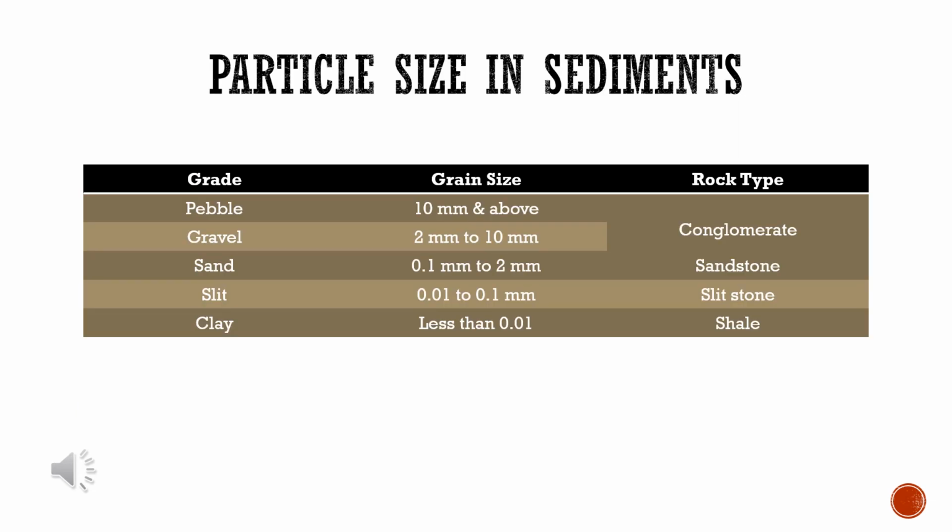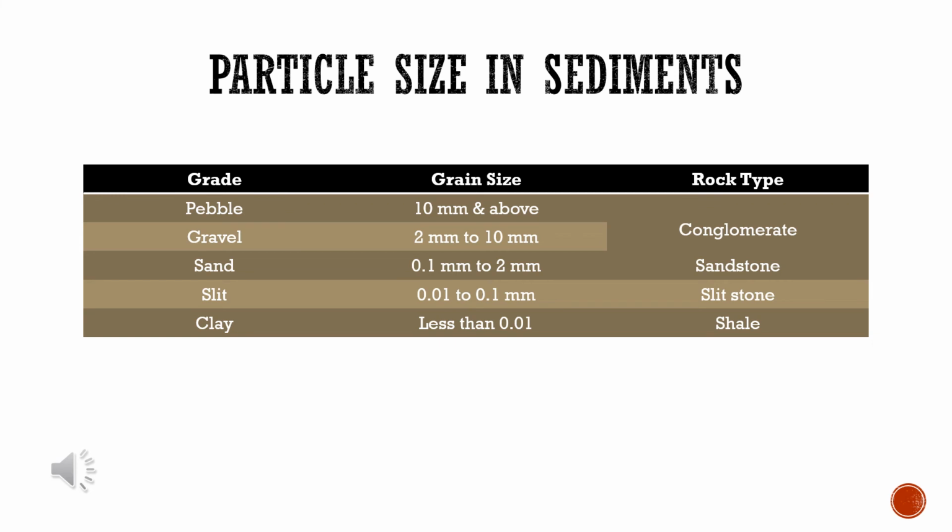Particle size in sediments. Pebble, 10 mm and above, a conglomerate. Gravel, 2 mm to 10 mm, also a conglomerate. Sand, 0.1 mm to 2 mm, a sandstone. Silt, 0.01 to 1 mm, a siltstone.